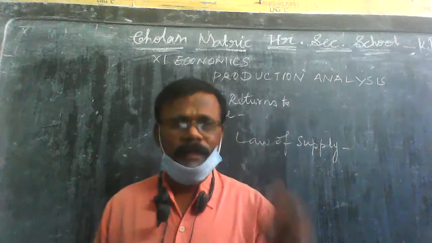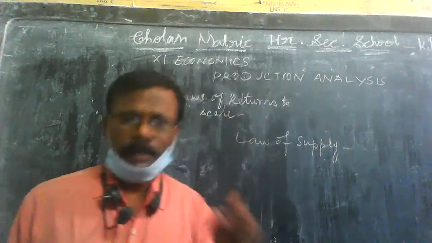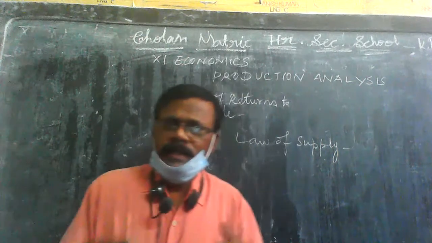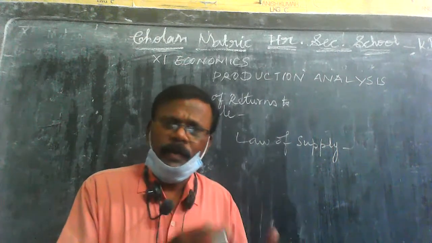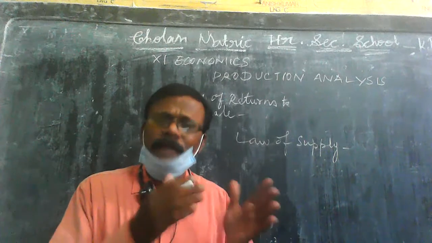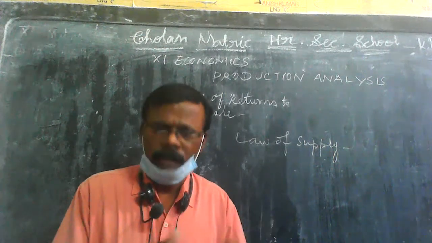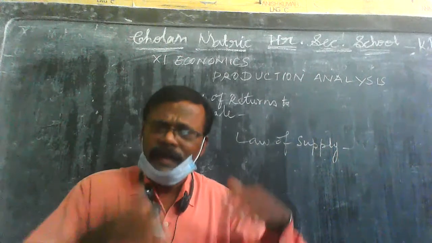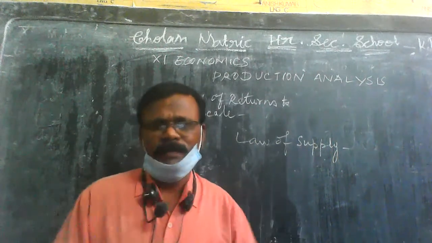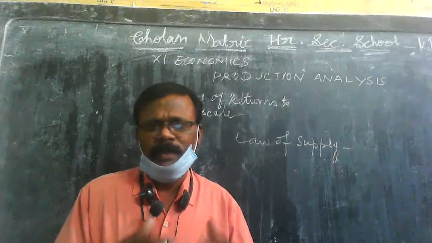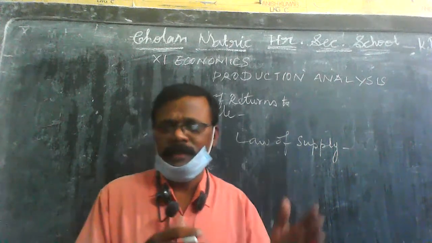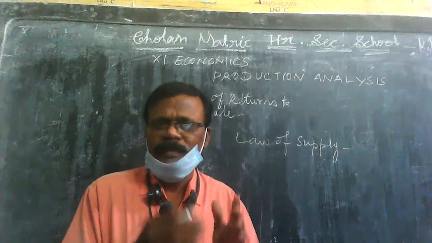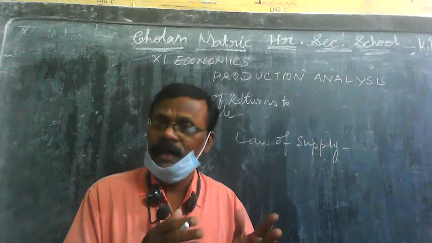So the law of returns to scale explains the relationship between output and the scale of input in the long run when all inputs are increased in the same proportion. That is what this law explains. What is the law of returns to scale?